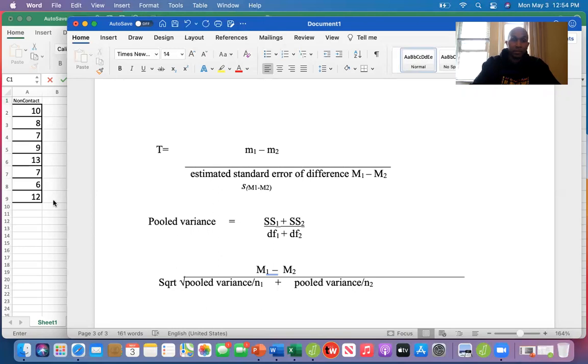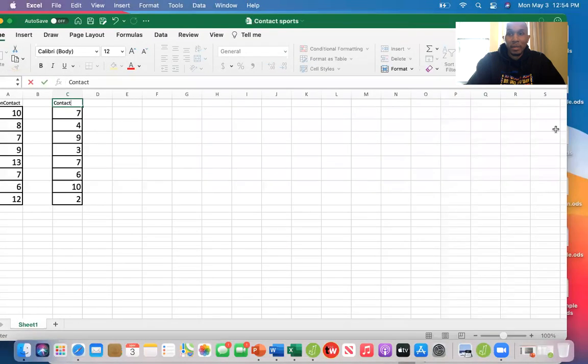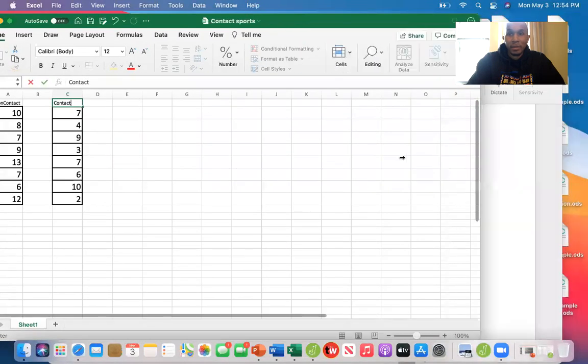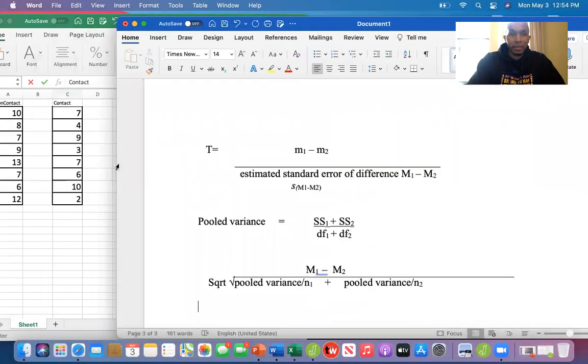All right, so we wish to run this test by hand, so to speak. It's not by hand, we're using Excel to speed along the process, but let's just run this and see how it goes. So I want to have both screens available.